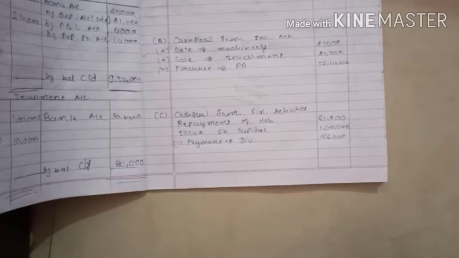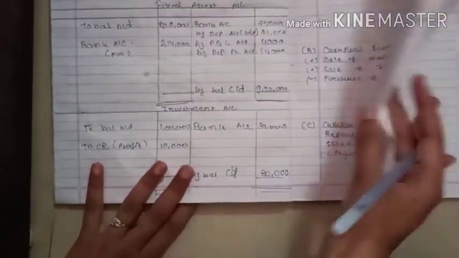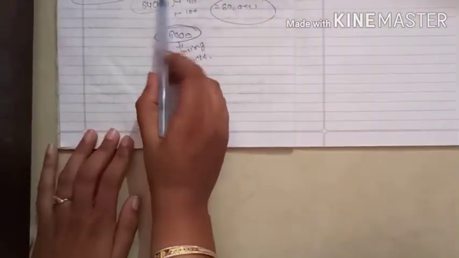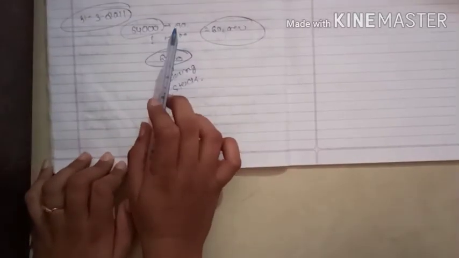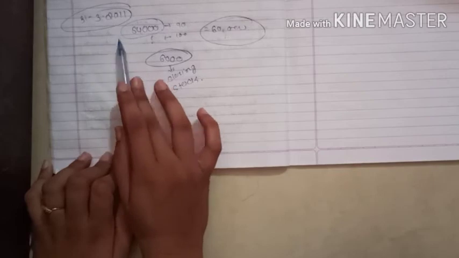Then fixed asset, so we make the account. Investment, we make the account and settle it. Current asset 2,70,000 and 3,10,000. Including this, the closing stock effect also, we are going to reduce from the current asset.